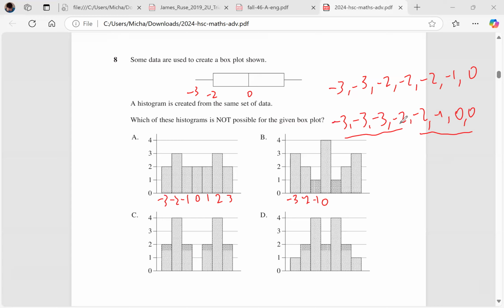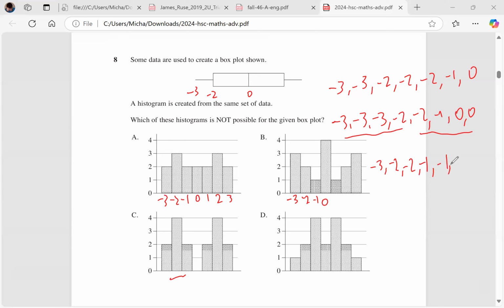Yeah, I guess this one is also kind of likely to be negative 2, just because there's lots of negative 2's. And this one, maybe this one's going to get a negative 1. So you get negative 3, negative 2, negative 2.